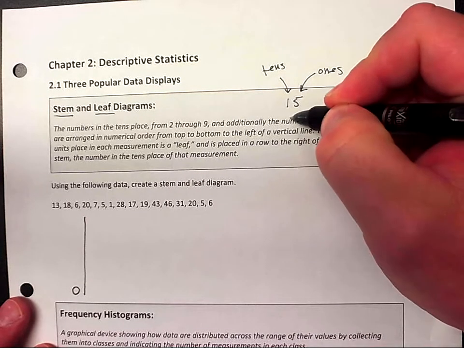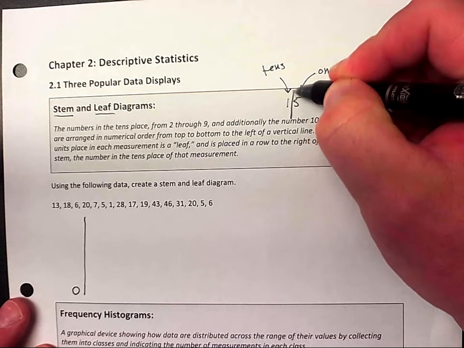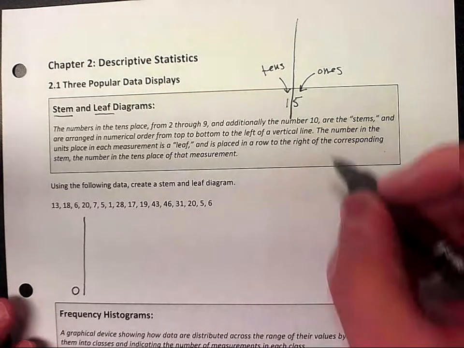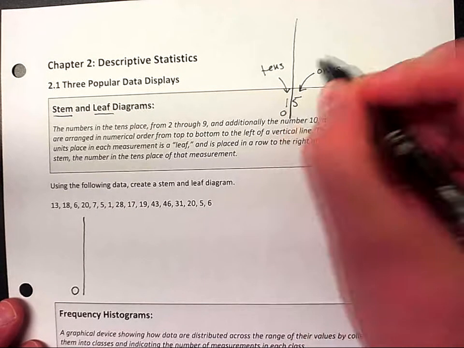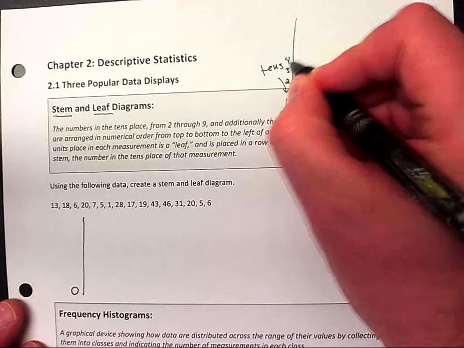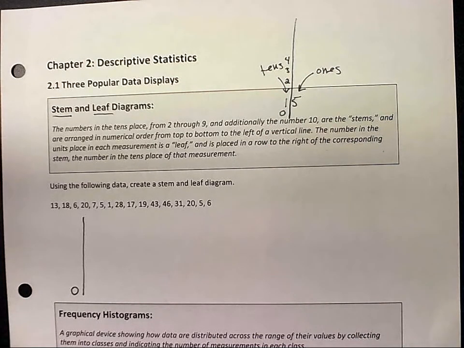So basically we're going to create a diagram that looks something like this, where this right here is our vertical line. On the left-hand side, we're going to put our 10 spot, and on the right-hand side, we're going to put our 1 spot. Then after we make this vertical line and put the tens on one side and the ones on the other, we're going to go through our data set, these numbers up here, and just record those, and as we're going to see, it's going to create something that kind of looks like a stem and leaf.